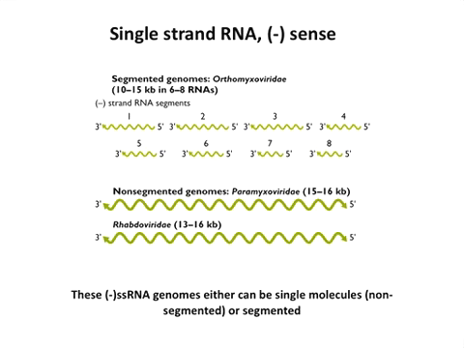So the most famous segmented negative strand RNA viruses are the influenza viruses, which are in the family Orthomyxoviridae. They have between 6 and 8 RNA segments. The paramyxoviridae, measles virus, mumps virus, rabies viruses have single RNA molecules, just one RNA that is negative stranded.